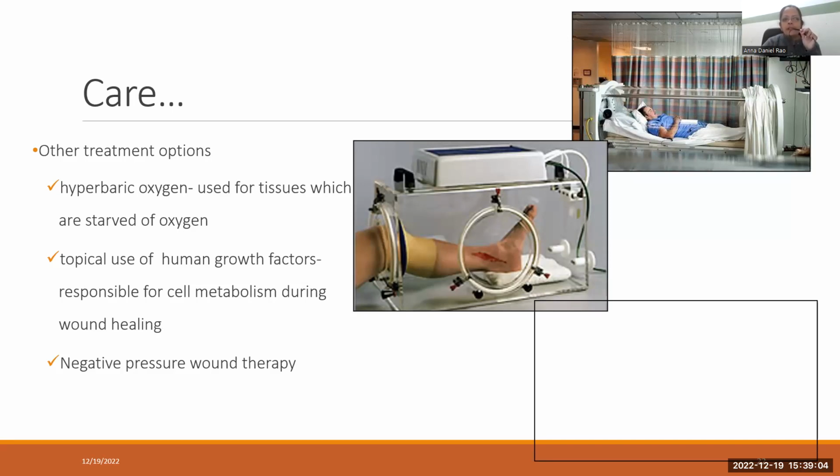Other treatment options are also available nowadays. That is hyperbaric oxygen, used for tissues which are starved of oxygen. Here the part where the wound is kept is supplied high pressure oxygen. An oxygen tent can be used, or the part can be placed in small chambers with high pressure oxygen.